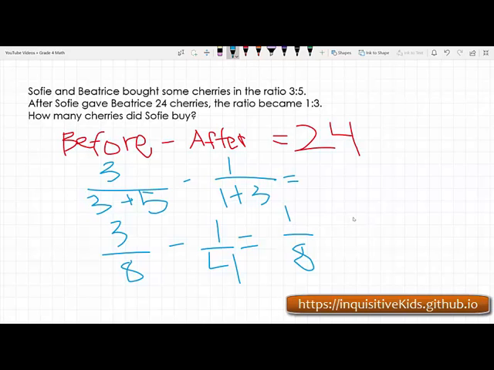Now we know that 24 cherries is 1/8 of the total amount of cherries.